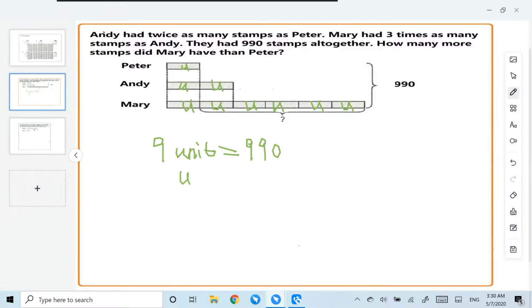We can find out 1 unit equals 110. It's worked out because 990 divided by 9 equals 110.